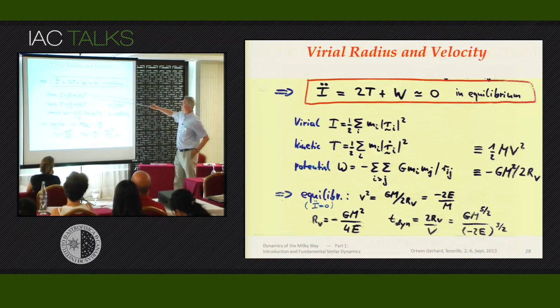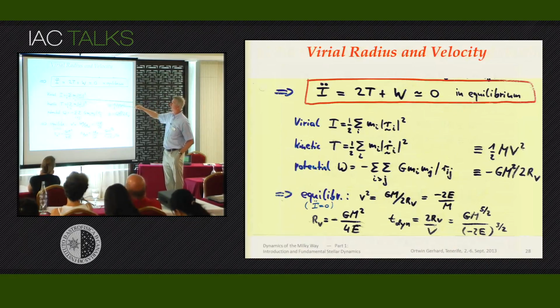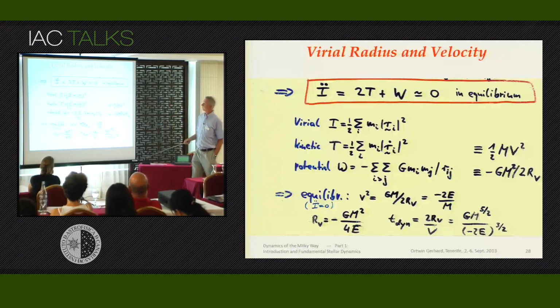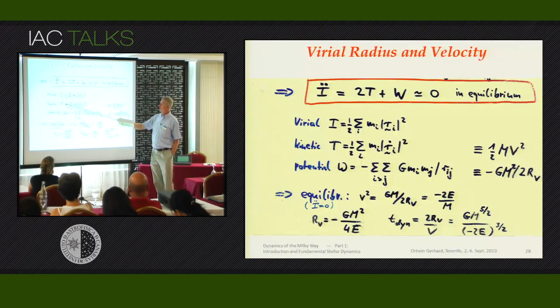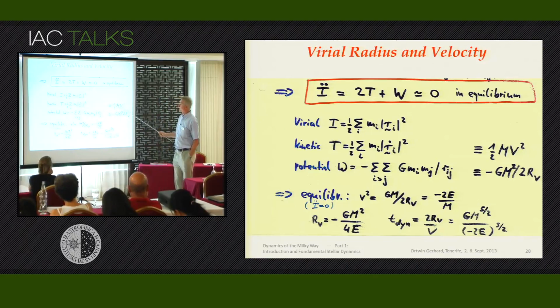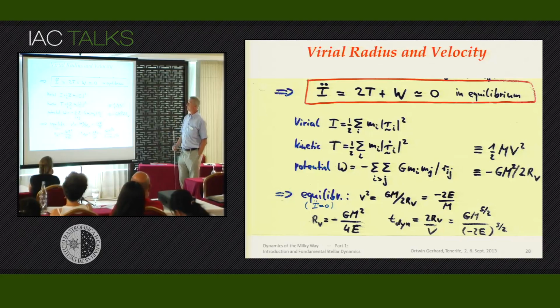Now, these terms are written again here. This is the virial I, whose second derivative we had in the previous equations. This is the kinetic energy, and this is the potential energy. And so it's sometimes useful to rewrite these quantities in terms of very simple mean quantities. So, for example, we could write the kinetic energy, despite all the complications here, as just 1/2 times the total mass times some characteristic velocity squared, which is called the virial velocity.